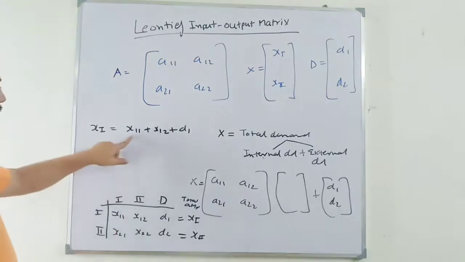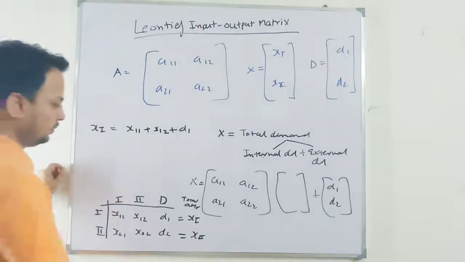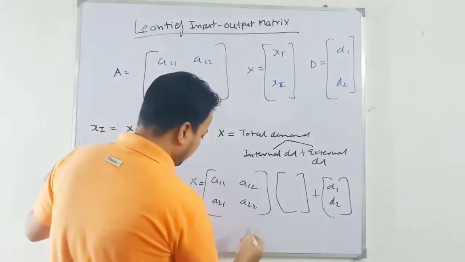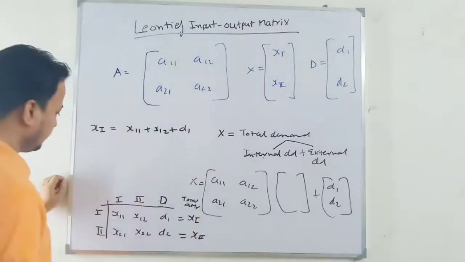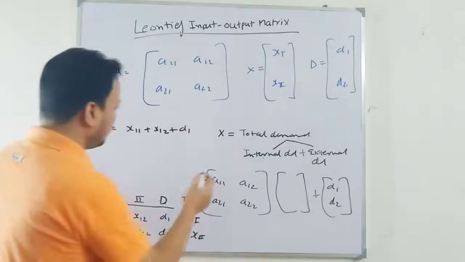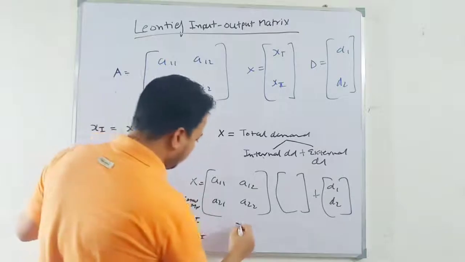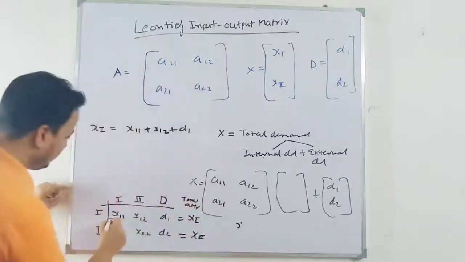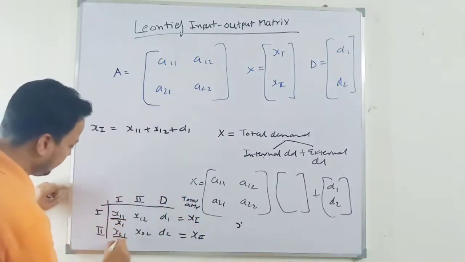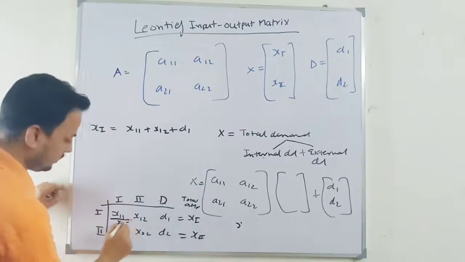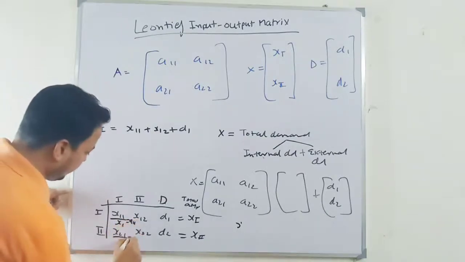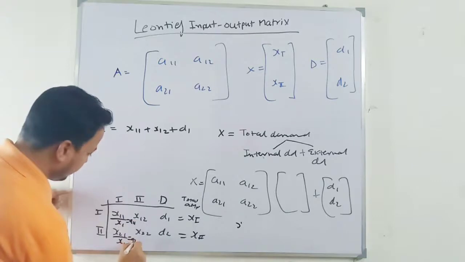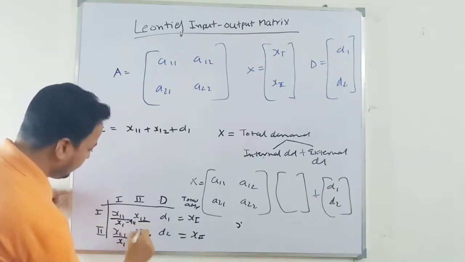You know what x11 is, right? This one we take out. When we divide this by x1, we get this as A11, and the second one, and this we divide by x2.